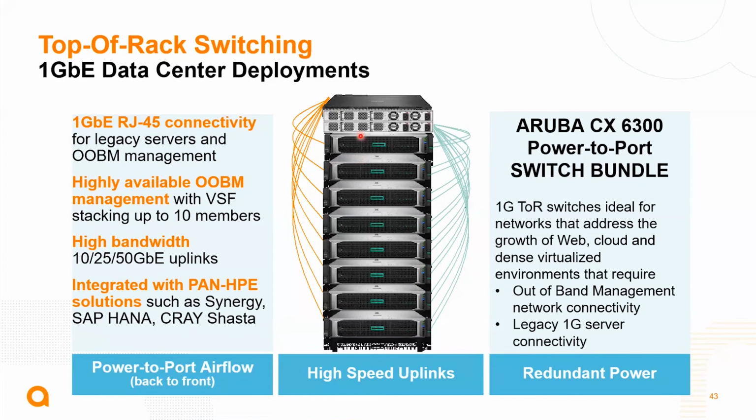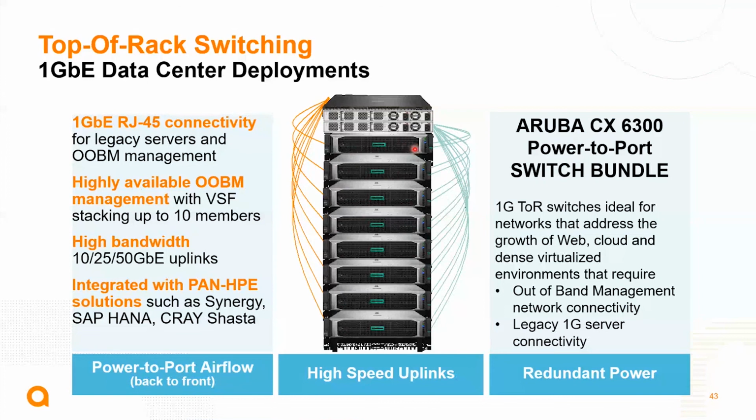We will also have high availability for this. We have 10, 25, or 50 gig uplinks, so we will not compromise any bandwidth. We can integrate this with the HPE portfolio, for example HPE solutions such as Synergy, SAP HANA, or Cray Shasta as their out-of-band management.